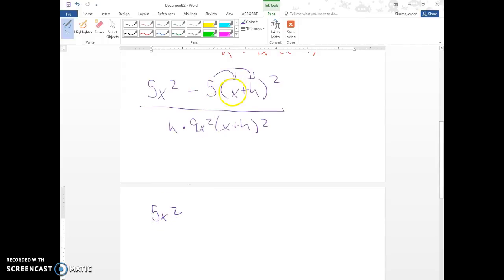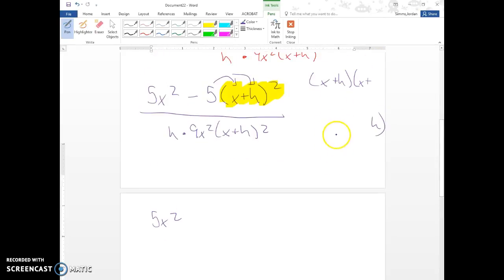Now over here I have negative 5 times x plus h squared, so let me FOIL this first. X plus h times x plus h. We're going to use the FOIL method here. That's going to come out to be x squared plus 2xh plus h squared.